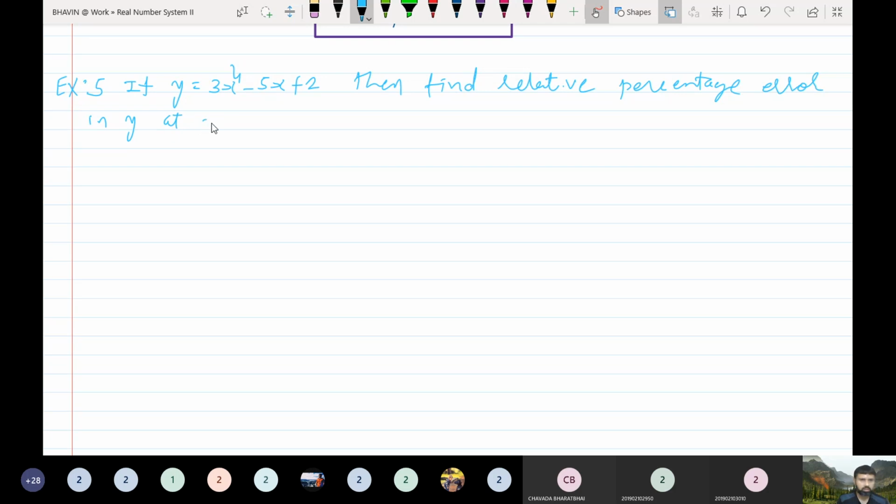At x equal to 2, error in x is equal to 0.06. So this is similar to the previous example.